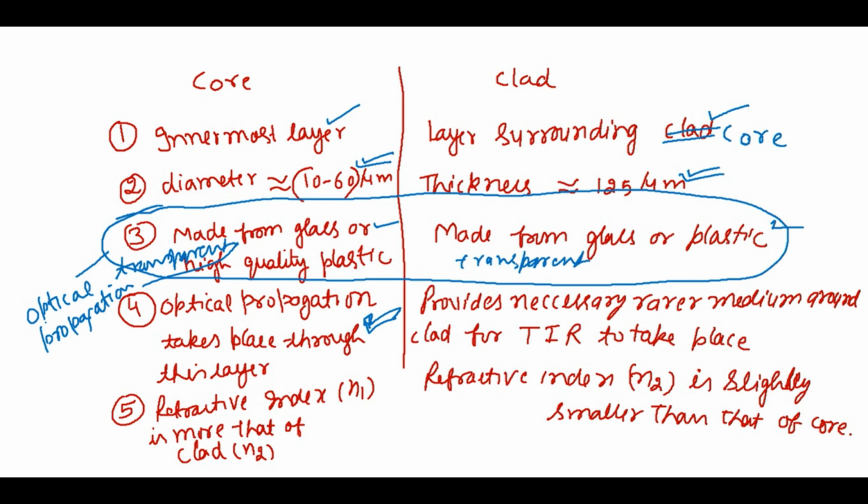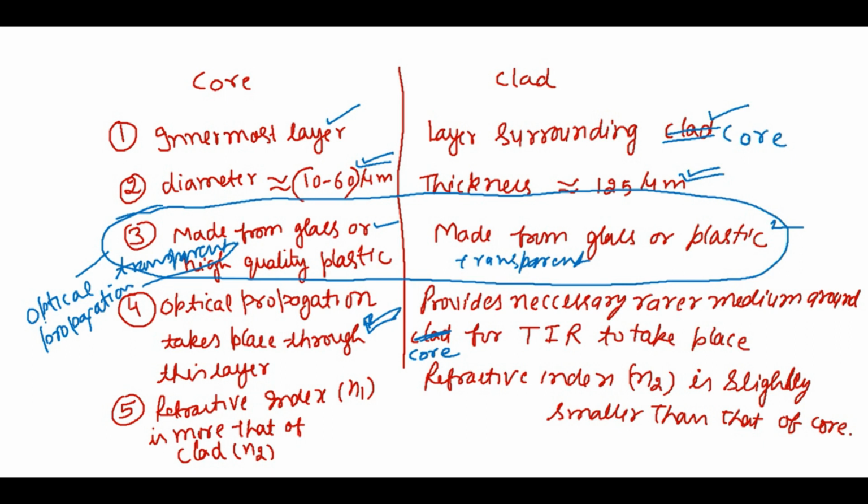Then what is the role of the clad? The clad provides the necessary rarer medium around the core for total internal reflection to take place. Without clad, it would not be possible for optical communication to take place through the core.